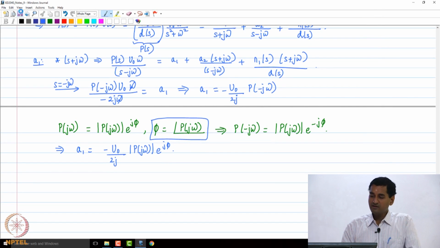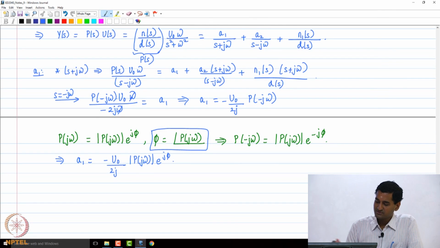Now, similarly, let us figure out A2. Let us get the expression for A2. If I want the expression for A2, what do I do? I multiply both sides by s minus j omega.